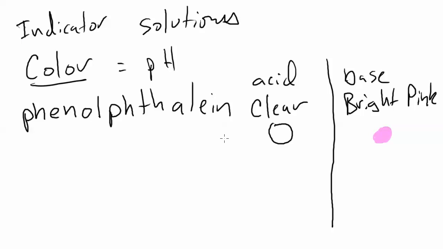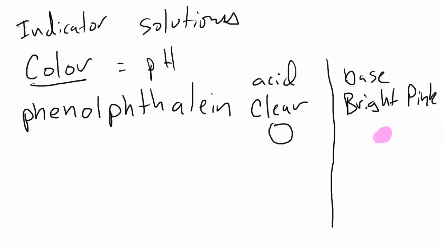So that's phenolphthalein. Another really common one, again, these are indicator solutions. So when you put them into a solution, based on the solution's pH, they're going to change their color. It's the color that tells you if something's an acid or a base.